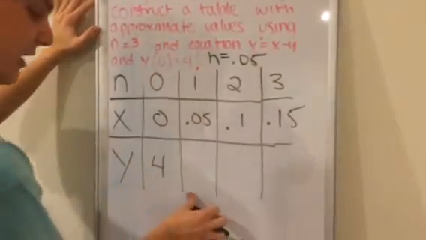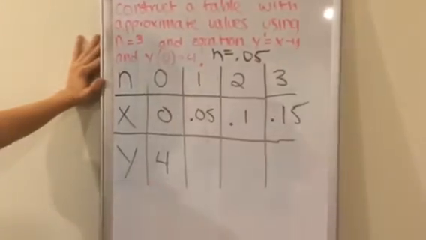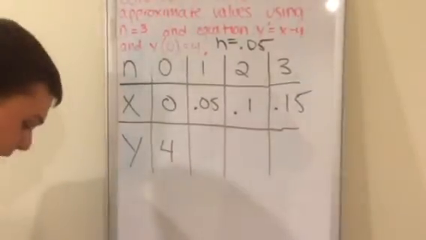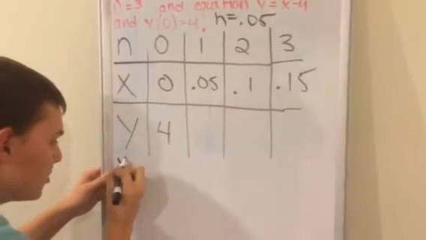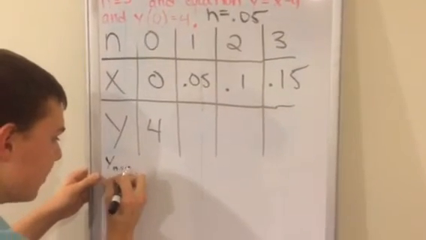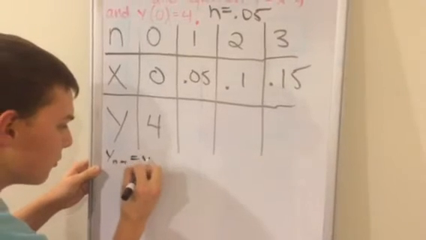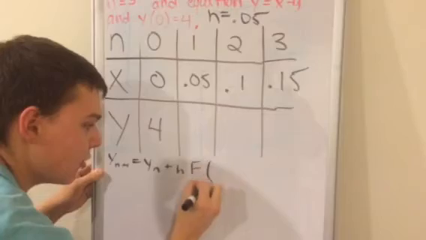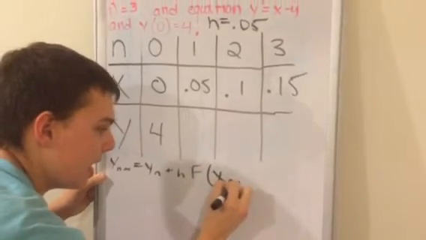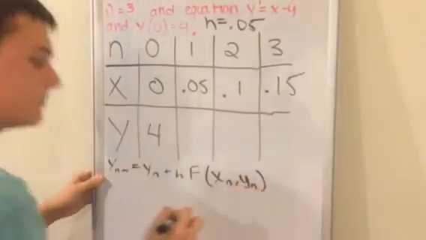Now, to calculate our y values, we must use our prior equation, which is y n plus 1 equals y n plus h times the slope at our starting point.